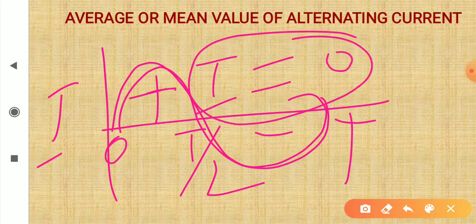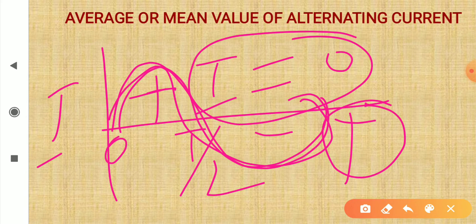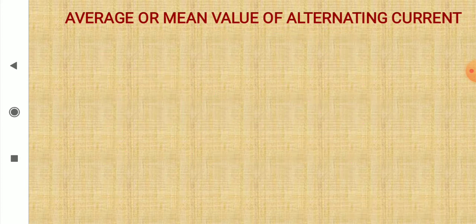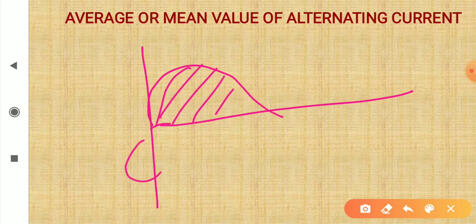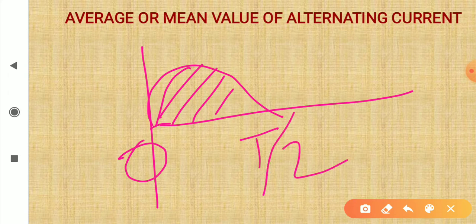So there is no point taking average for one complete time period or one complete revolution. So we find out the average for only half of the time period. So we will find out the average for half cycle only, that is from time t is equal to 0 to t is equal to T by 2.